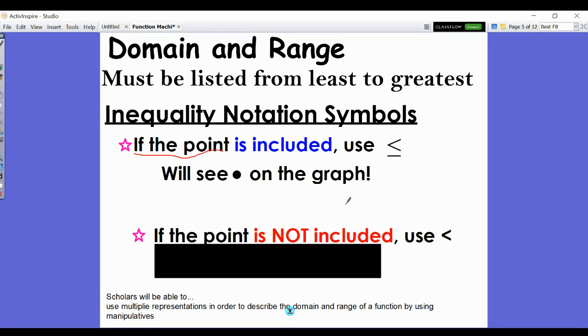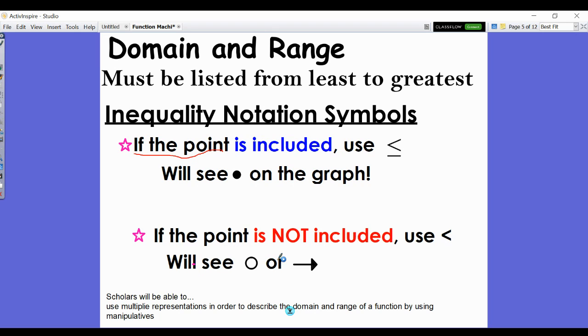However, if that value is not going to be included, you're going to use an actual less than symbol or a greater than symbol, depending again on what the question is asking. The way you're going to be able to tell if you should use your less than symbol is you are going to see on an actual graph an open circle.